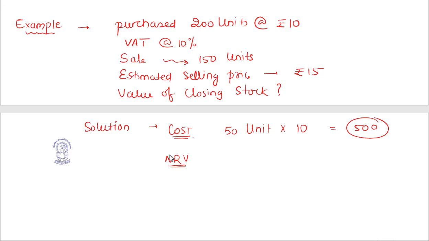If I talk about net realizable value, again 50 units multiplied by the net realizable value. The estimated selling price is 15 and there is no extra cost, so it would be 15 only. So 50 multiplied by 15 equals 750. What would be the value of this stock?